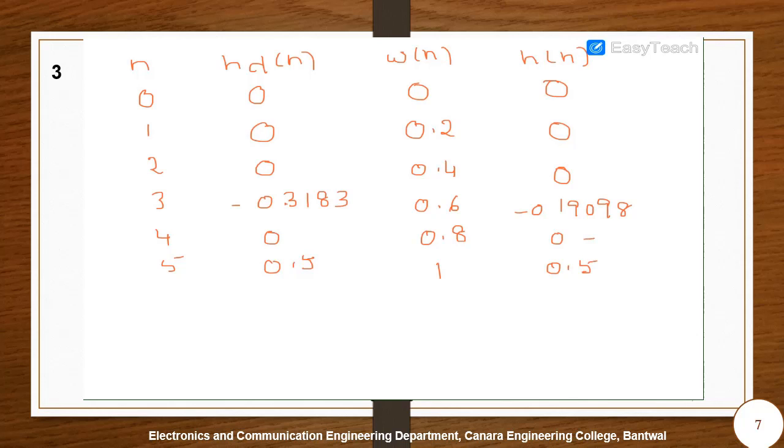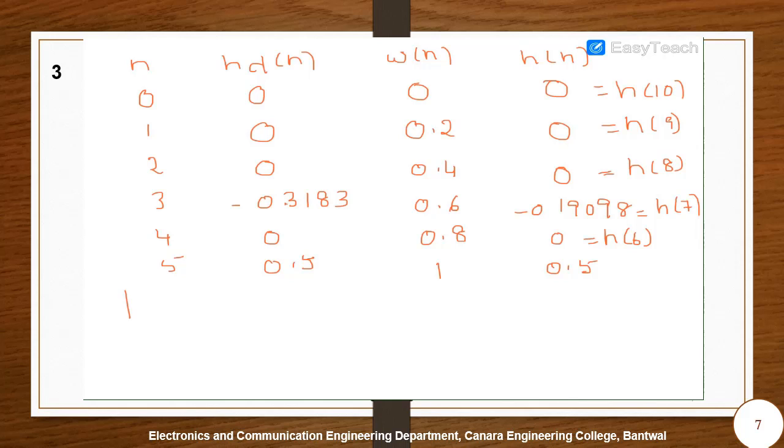So this is h of 6, h of 4 is h of 6, h of 3 is h of 7, h of 2 is h of 8 and h of 1 is h of 9 and h of 0 is h of 10.